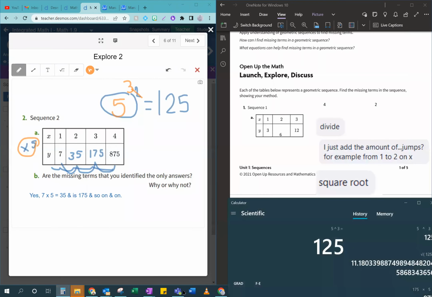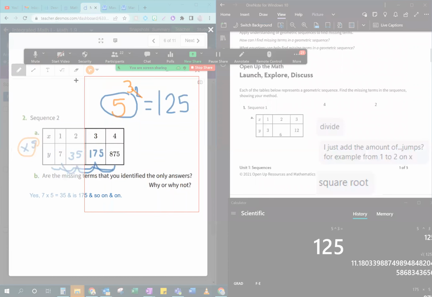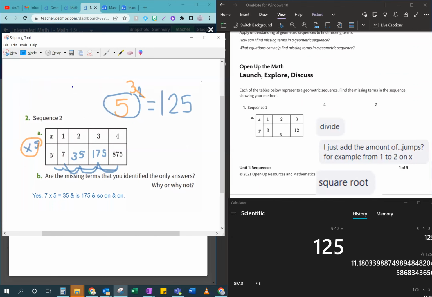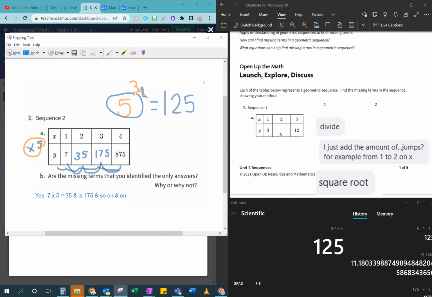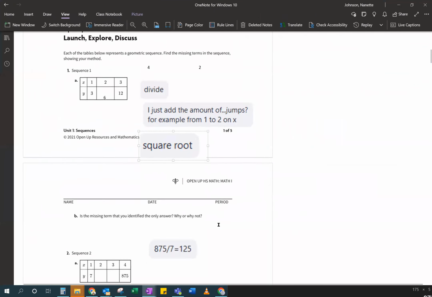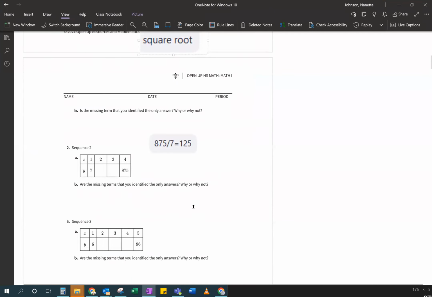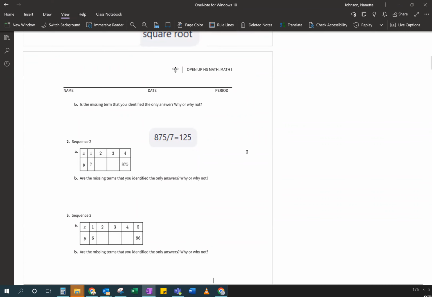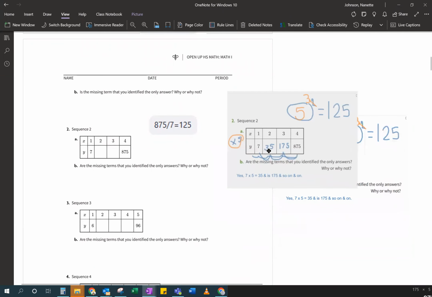I'm going to clip this right here. So I'm putting this, sorry, my throat is kind of funny, so that you guys can all see and remember how we went from 125, right?